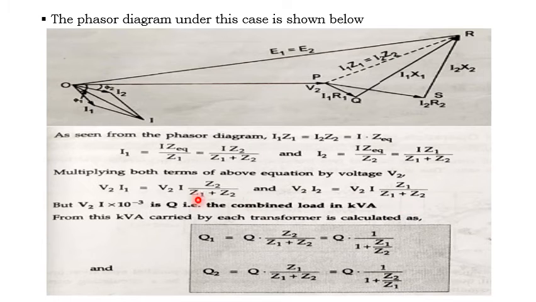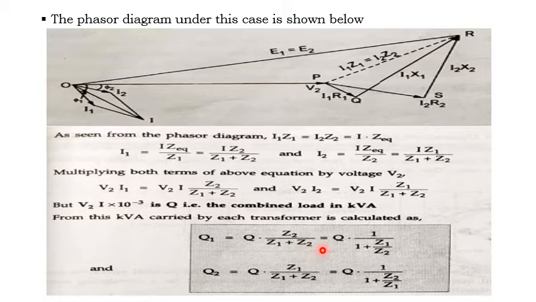Now these are in terms of volt ampere or kVA, so this is the power. The kVA carried by each transformer is calculated here: Q1 is equal to the net power Q into Z2 divided by Z1 plus Z2.